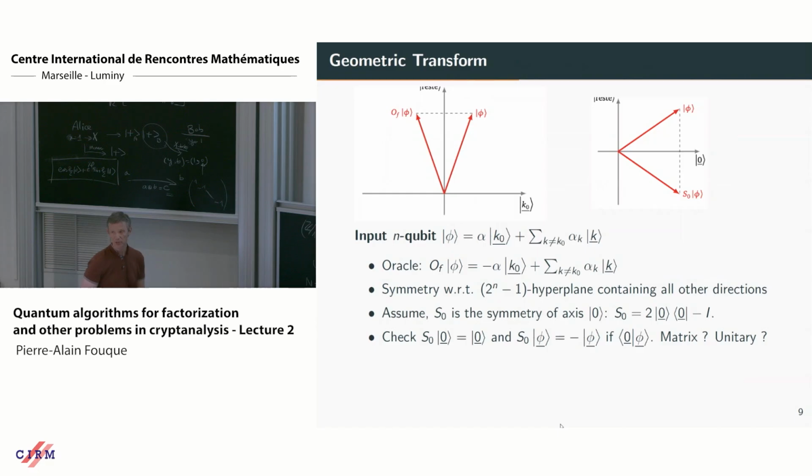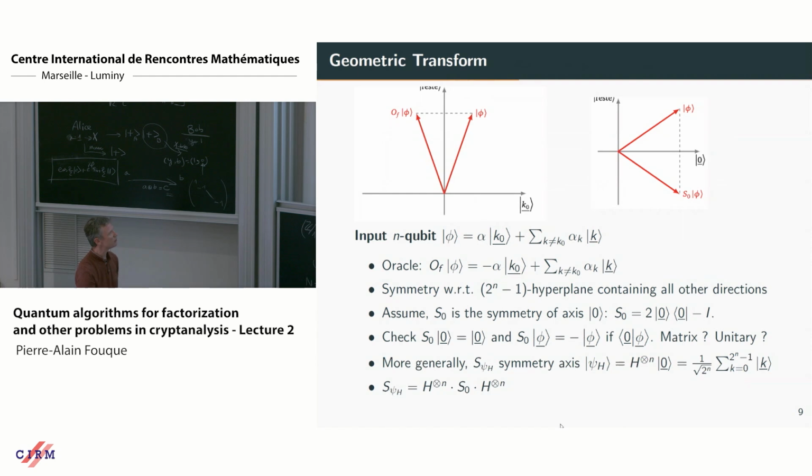Okay, so this is easy to see that it's a unitary matrix. And if I want to have a symmetry according to some other axis, it's always possible to apply a Hadamard transform before and after, and then you are in the same situation as doing this symmetry. So you can implement this using only basic unitary matrices.